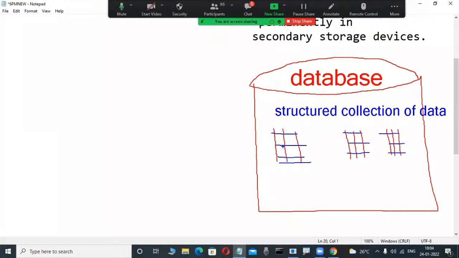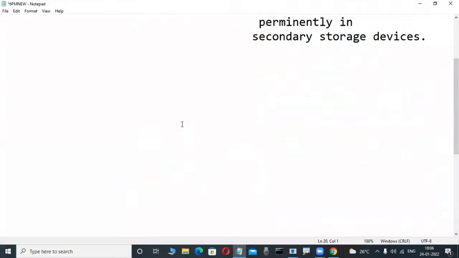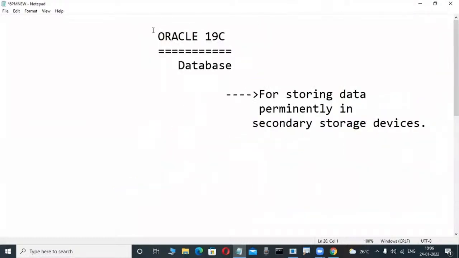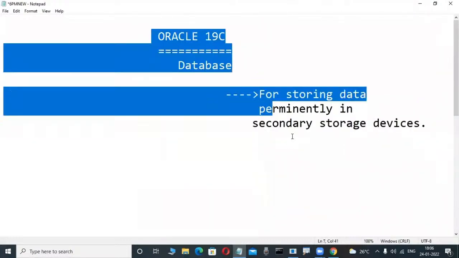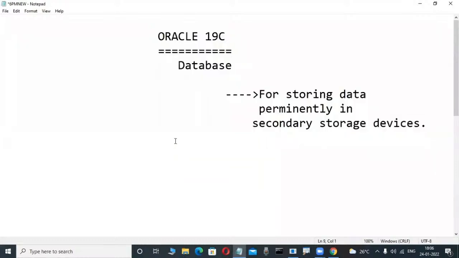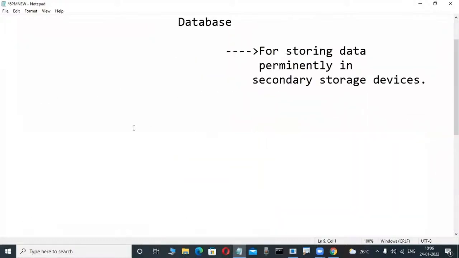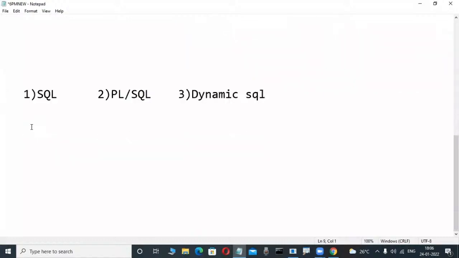Once a structured collection of data is there, for handling and operating this data, which language do we use? Very good. SQL, Structured Query Language. That's why these databases are implemented based on the relational data model. What is that? Today I will tell you. Oracle, SQL Server, DB2, Sybase, MySQL, all these databases are implemented based on the relational data model concept.